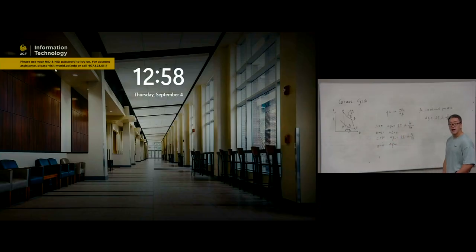Correct? Does it go counterclockwise? It doesn't matter. It's a cycle, right? You can go counterclockwise or clockwise. But right now we use the clockwise cycle, A, B, C, D. But of course, if you do the calculation from D back to A, the calculation is exactly the same.